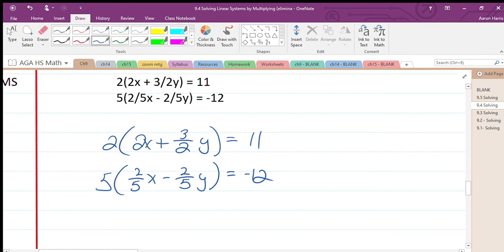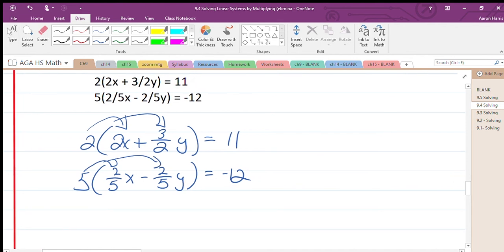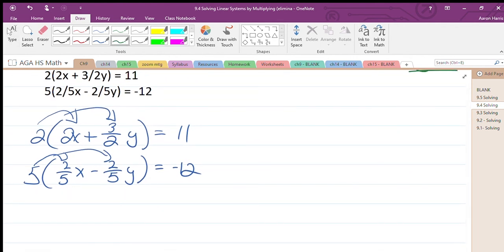Well, before I can add, subtract, do any of that, remember, first rule of anything is to do what? Simplify it. So PEMDAS, I can distribute this 2 into the parentheses. 2 times 2 is 4, so I get 4x. 2 times 3 halves: let's put 2 over 1 and multiply it by 3 over 2.